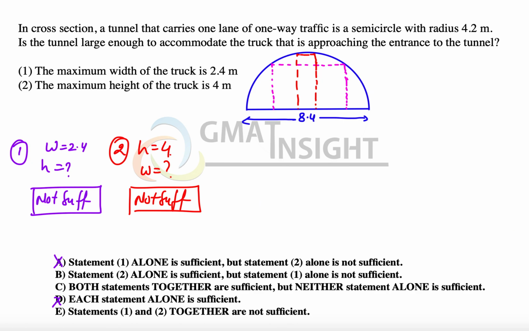After we combine the two statements, we have the exact value of each input. That means W is 2.4 and H is equal to 4, which means we can certainly answer the question, because if the width is 2.4, then half of it will be 1.2.